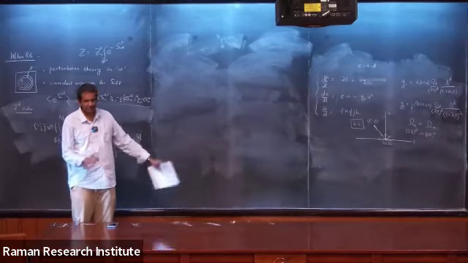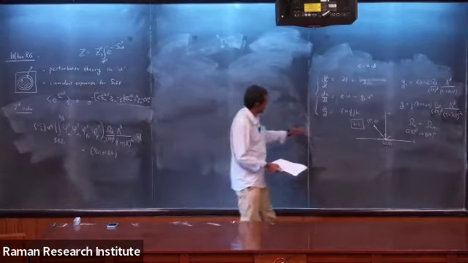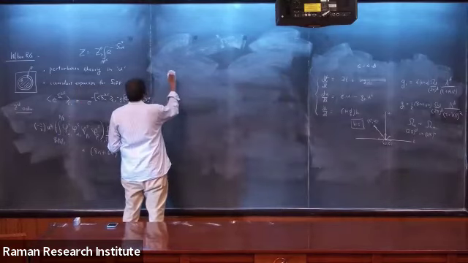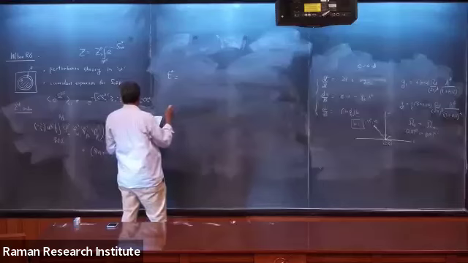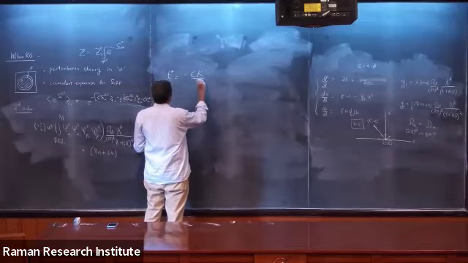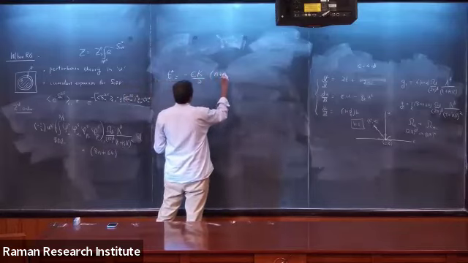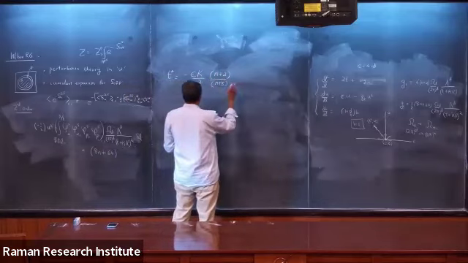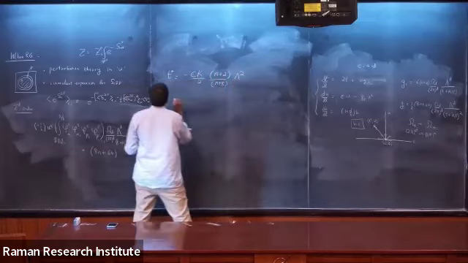Yeah, let me come to that in just one second. Let me write out what these things are. So T star was minus epsilon K divided by 2 times 8 times lambda square.